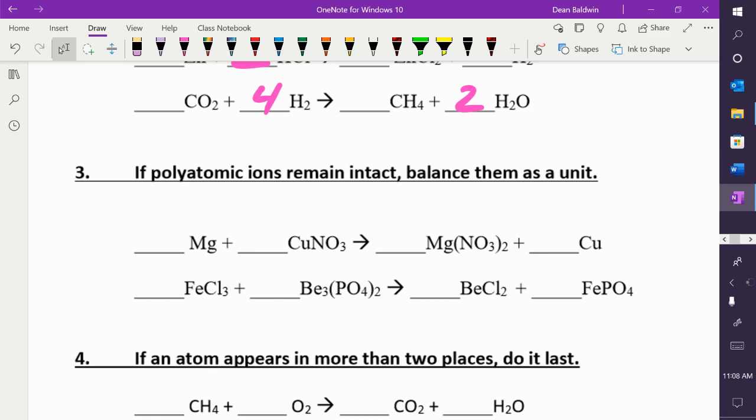Because of that 2 there. So what do I put in front of the copper nitrate? I'm going to put a 2. So now I have 2 NO3s. I have 2 coppers. So I can balance that because I have a pure copper on that side. I could just throw a 2 in front.